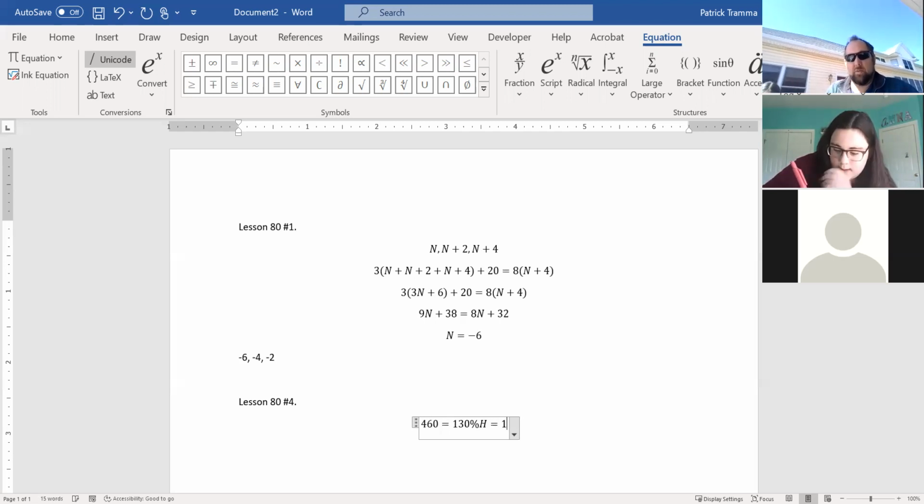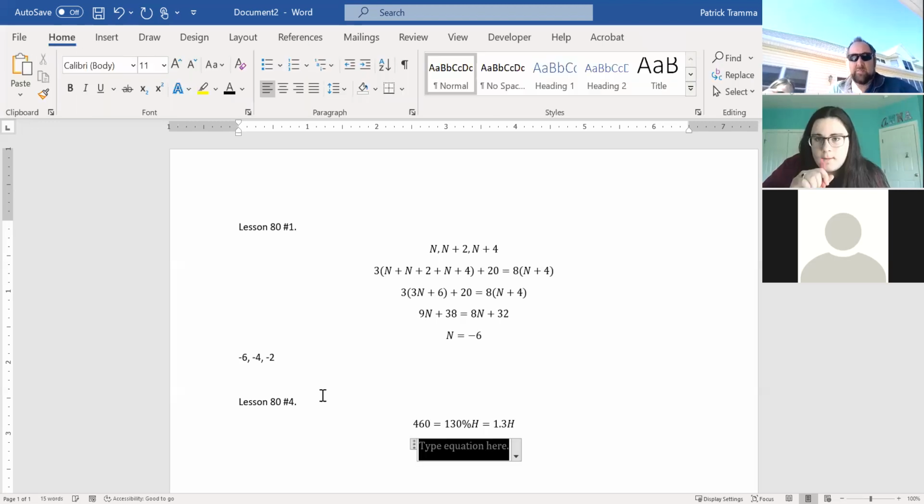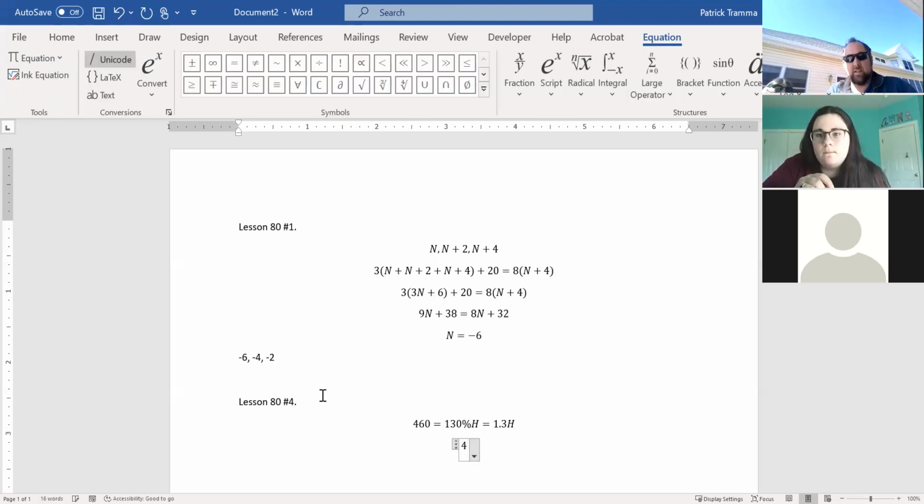Equals 1.3H. See the equation on the screen there? So then we can just divide 460 divided by 1.3 equals H, which equals what?